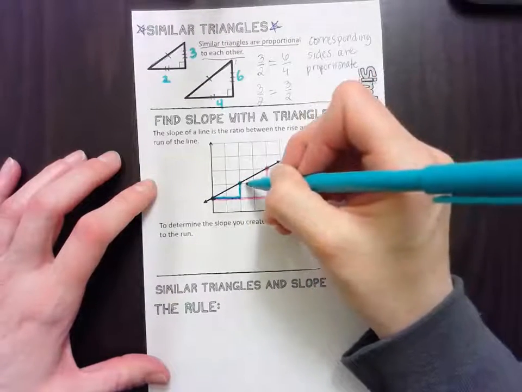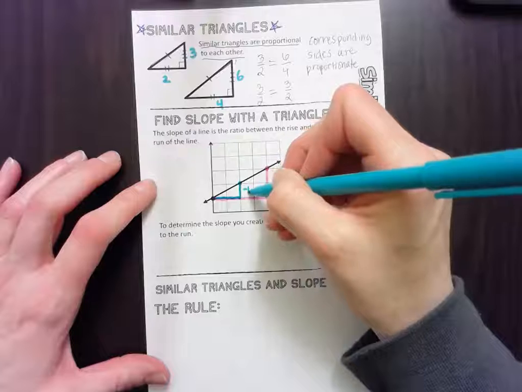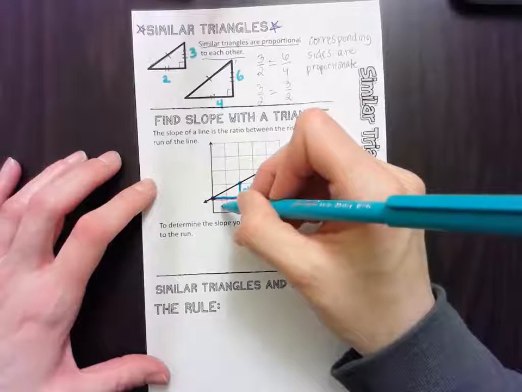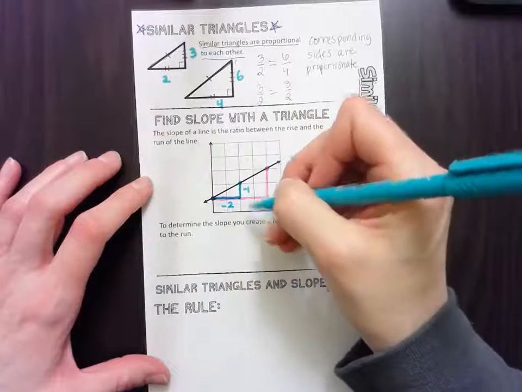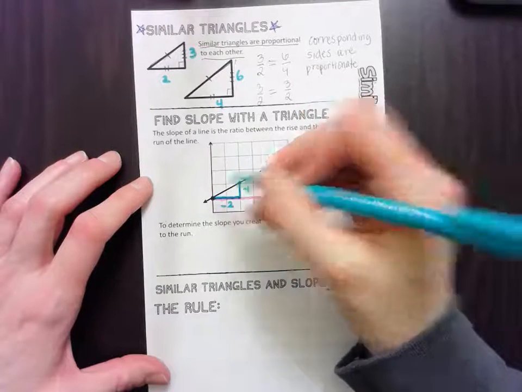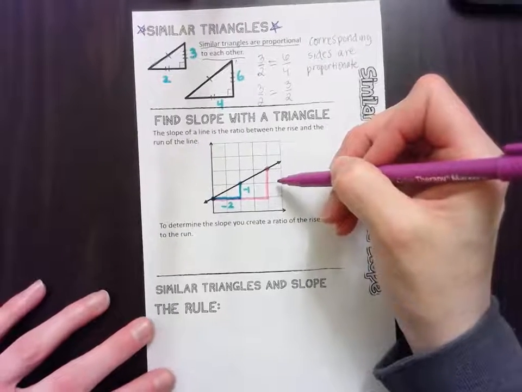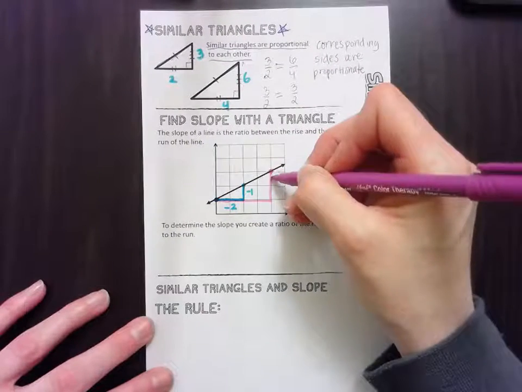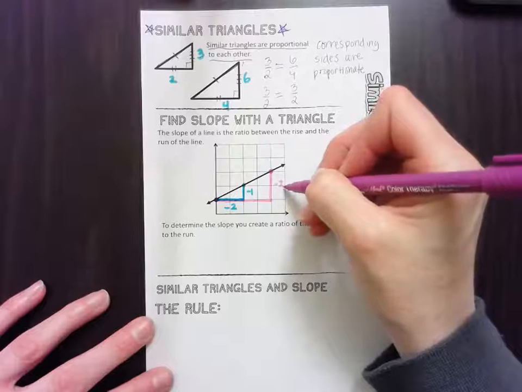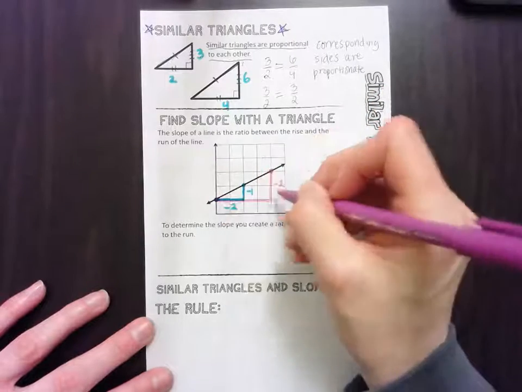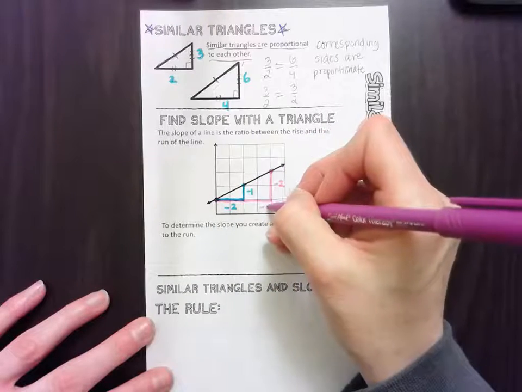Okay. Now if we look at the rise and the run of these triangles, let's see what happens. So my green triangle here, my rise would be -1. My run would be -2. Down 1, backward 2. My pink line, my rise would be down 2 and backward 1, 2, 3, 4. Since I'm going backward 4, would be -4.